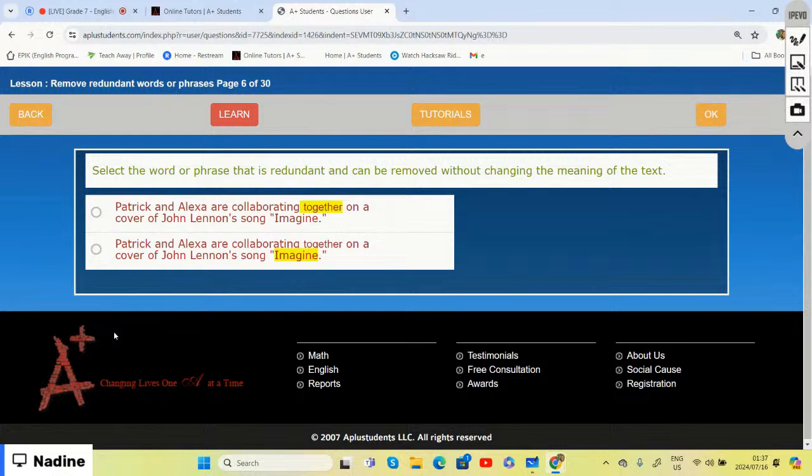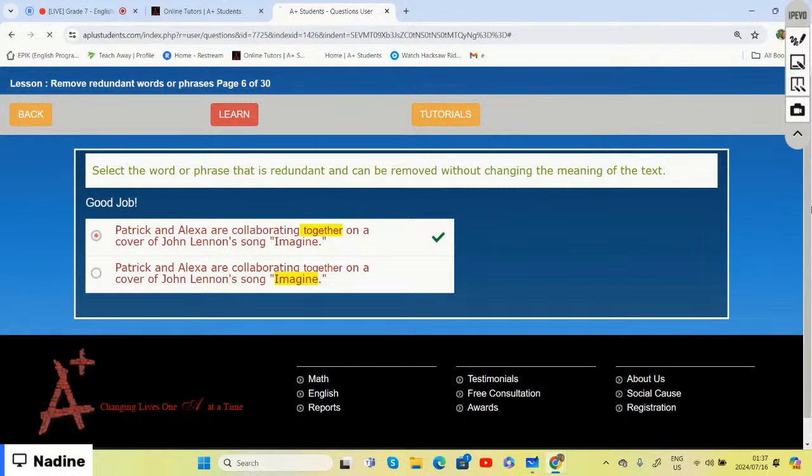Option one for together or option two for imagine. All right, so we will then choose together. Remember we said that collab is the same as together, right? So we'll stick with together, which is option one.